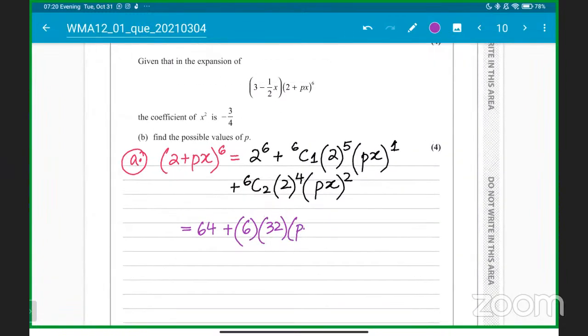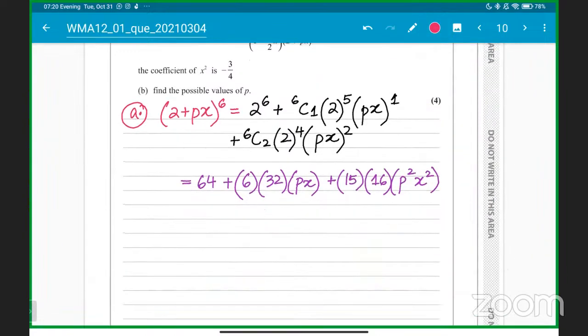Six into 32 p times x plus 6c2 is coming as 15, and 2 power 4 is 16. 15 into 16, we got p square x square, okay? So it eventually will make it 64 plus 6 times 32, which we got as 192 times px. 15 times 16, we got it as 240 p square x square, okay? Understood? Clear on this?